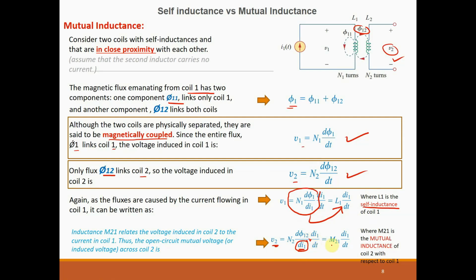We can call this M21 di1 over dt. What is M21? M21 is the mutual inductance of coil 2 with respect to coil 1. So we have V1 and V2, right?